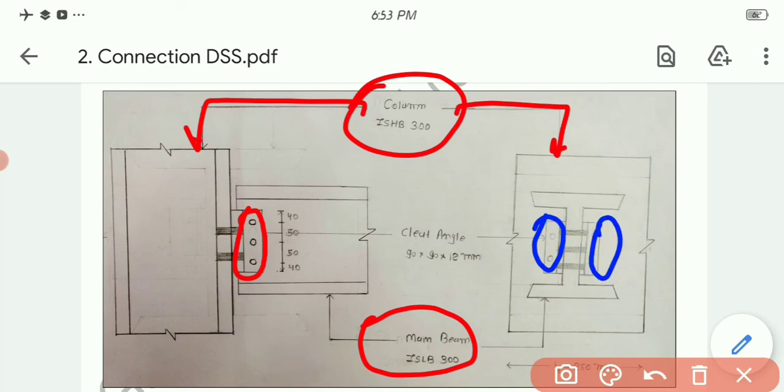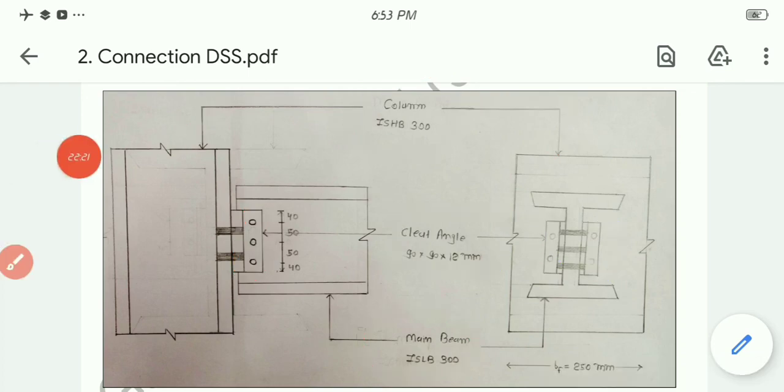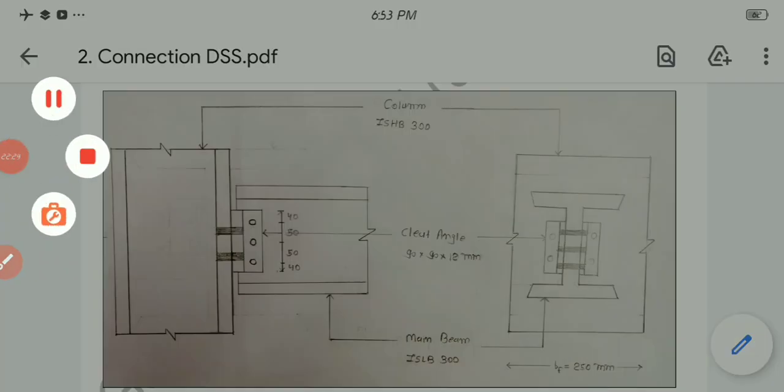And this is the cleat angle notation, 90 by 90 by 12 mm. So this is the second sum in which we connect the cleat angle, one with respect to the beam and another with respect to the column. Hope you guys got the criteria clear about this one. Okay, thank you.